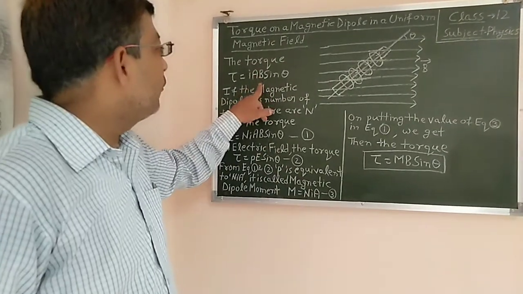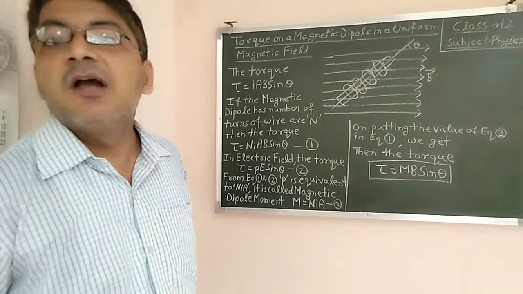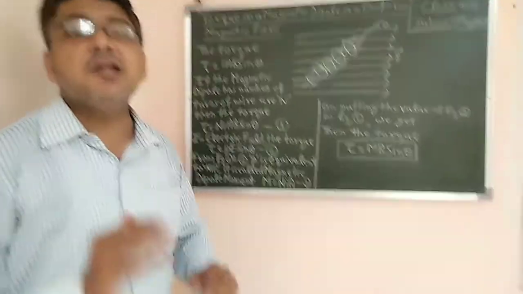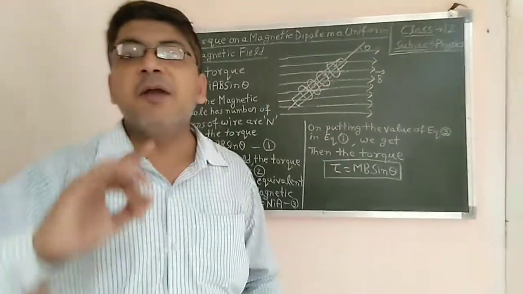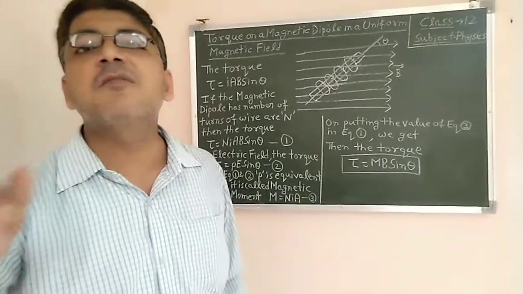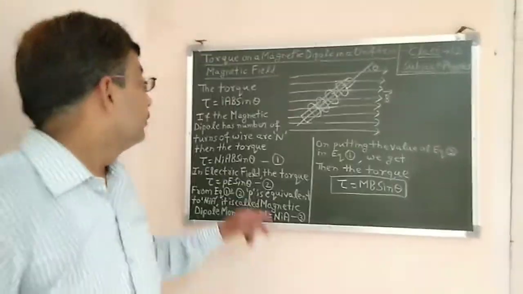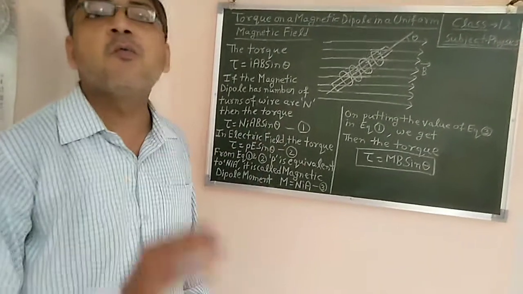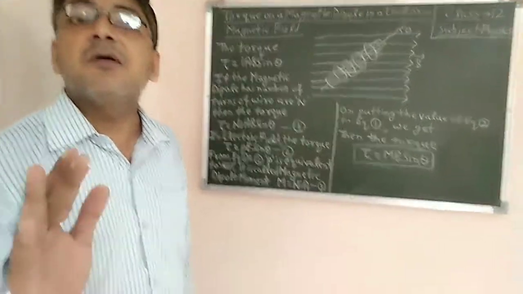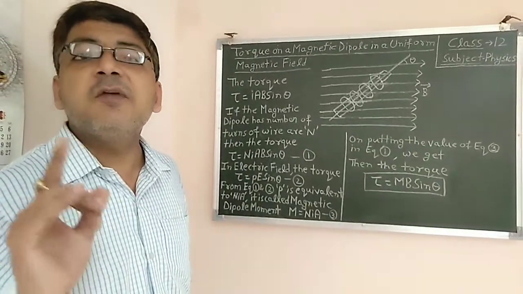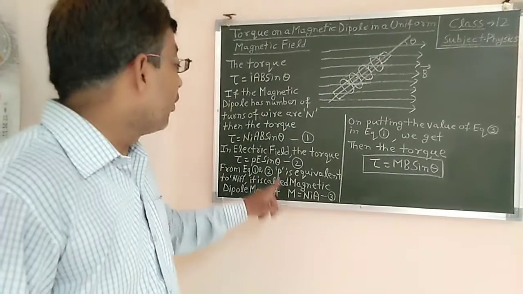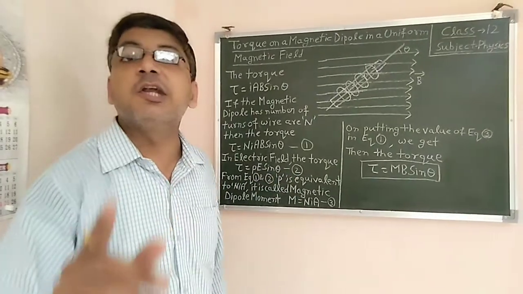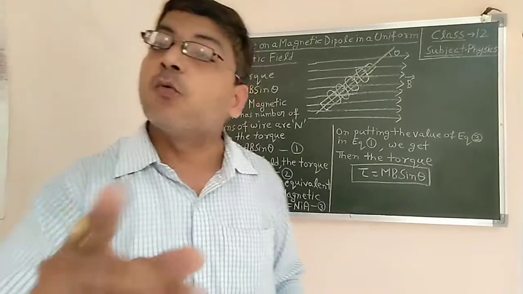In the previous lecture I told you the formula of torque: torque equals IAB sin theta. If this bar magnet is covered by N number of turns of wire, then torque equals NIAB sin theta, equation number 1. In electricity, the formula of torque in electric field is torque equals pE sin theta, equation number 2.